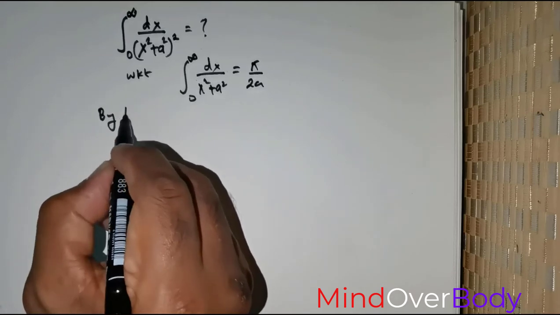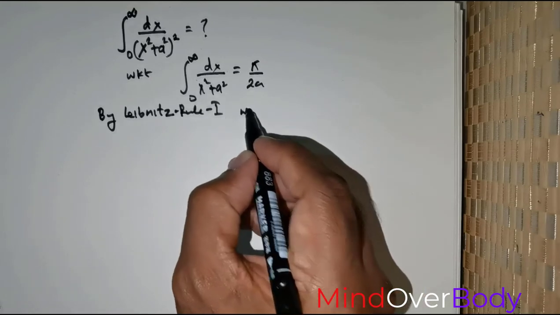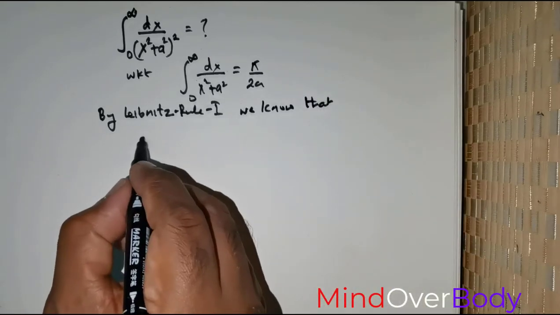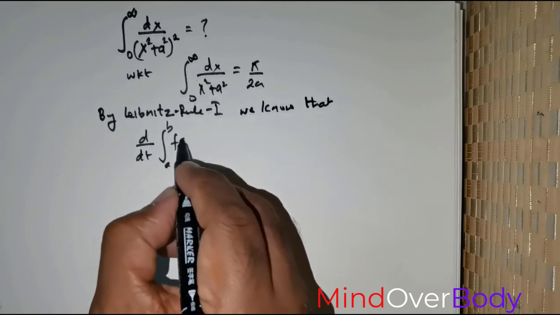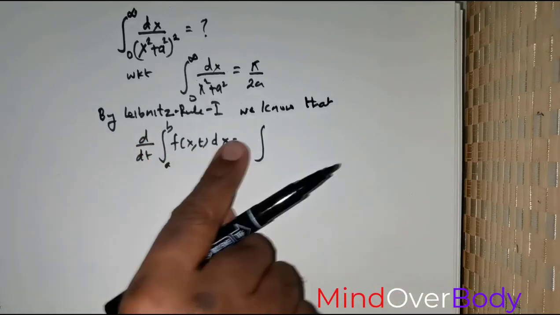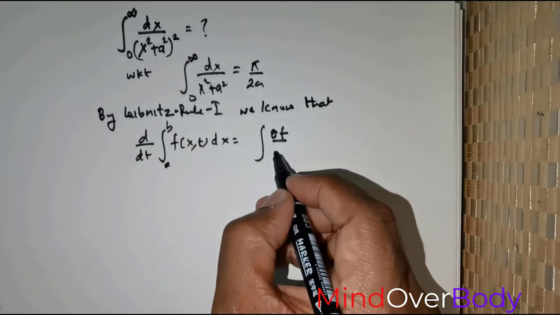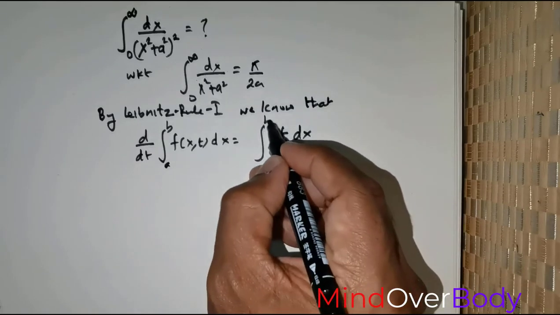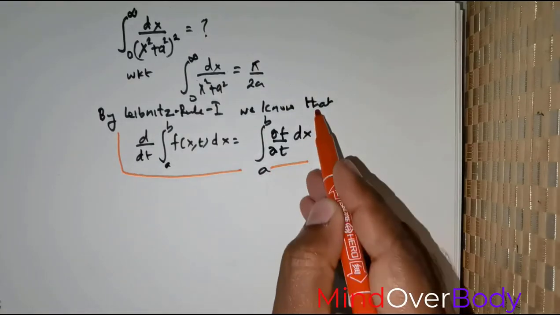So I'm going to state that by Leibniz rule number 1, we know that d over dt, its total derivative, of the integral from a to b of f(x, t) dx is equal to the integral, where d over dt is pushed inside, it becomes partial differential, ∂f over ∂t times dx, with limits a to b. So this is the important result you will have to keep in mind.